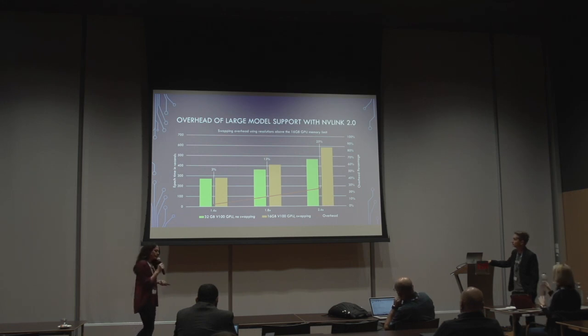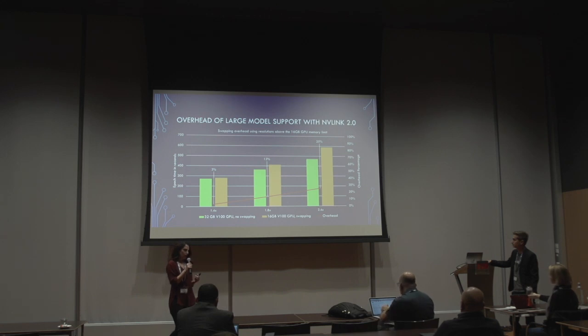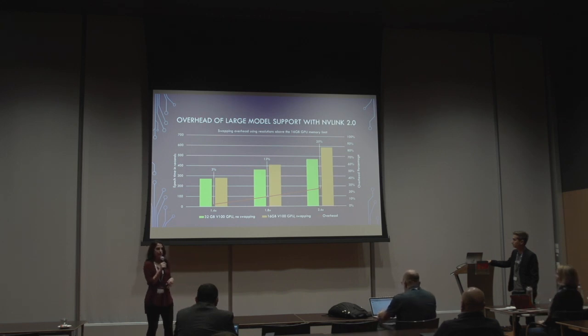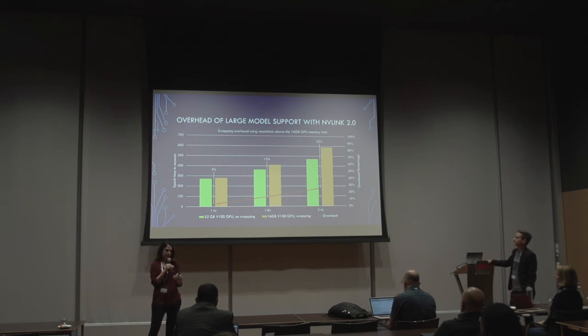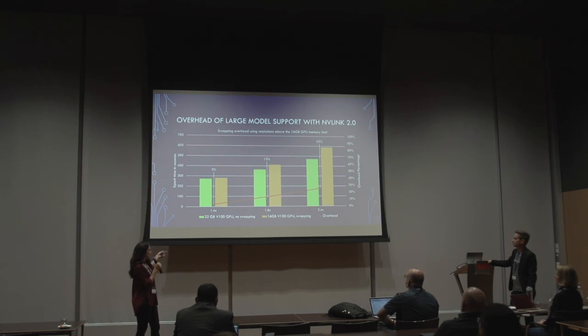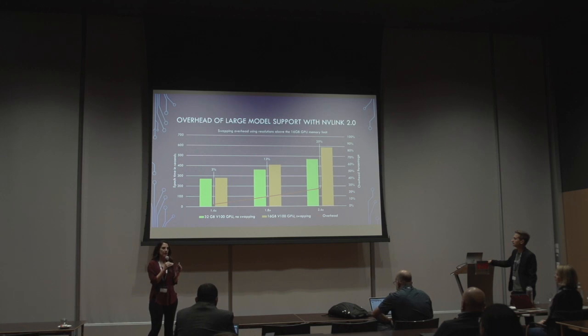We also wanted to figure out our overhead of doing swapping, because yes, it's faster on the AC922 than on the PCI connected boxes, but there is still some overhead. Because NVIDIA makes both 16 gigabyte and 32 gigabyte GPUs, we ran these tests on the 16 gigabyte GPU with swapping, using LMS, with an image that's too big so we have to swap in and out.